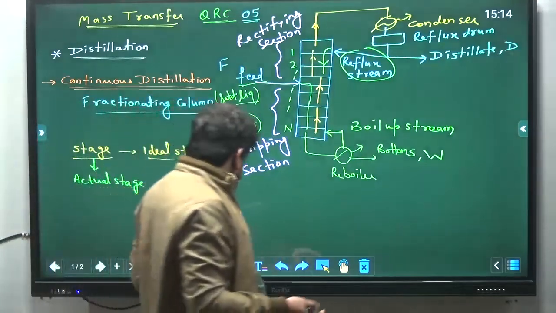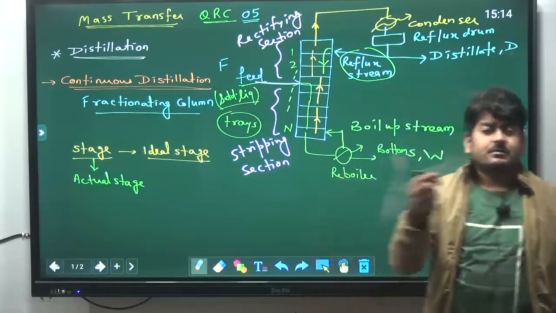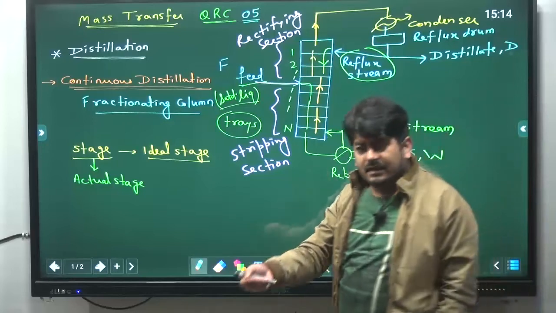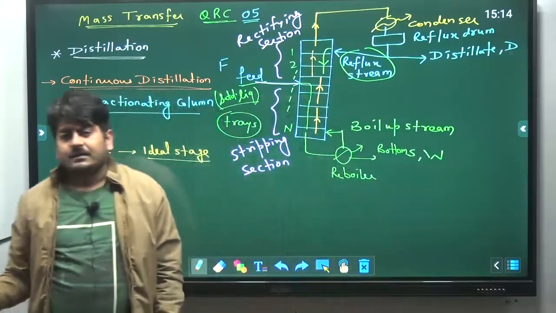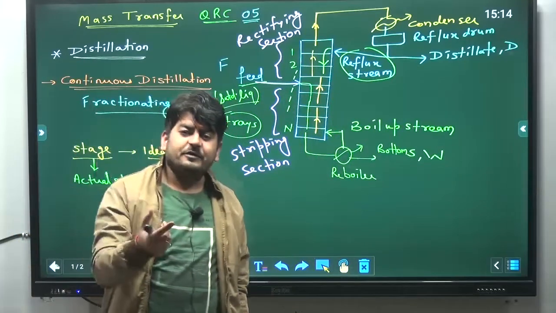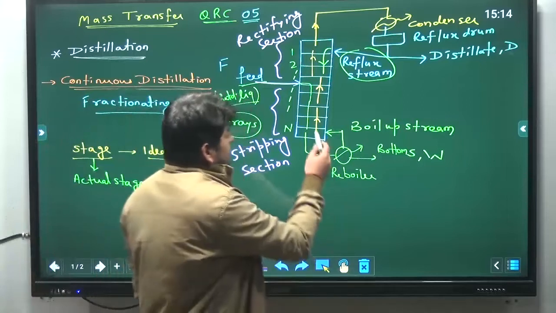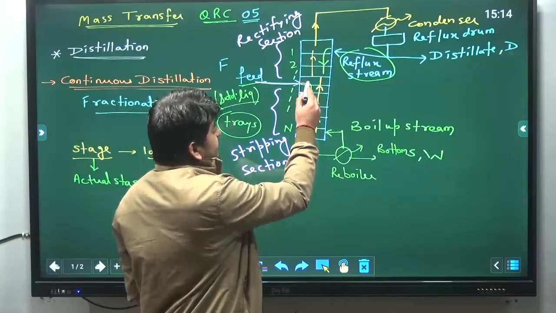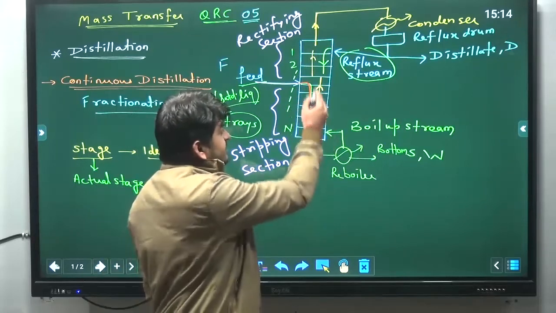Because, as you know, stripping means removal of solute from a liquid mixture with the help of gas. Absorption is removal of solute from a gas mixture with the help of a liquid solvent.